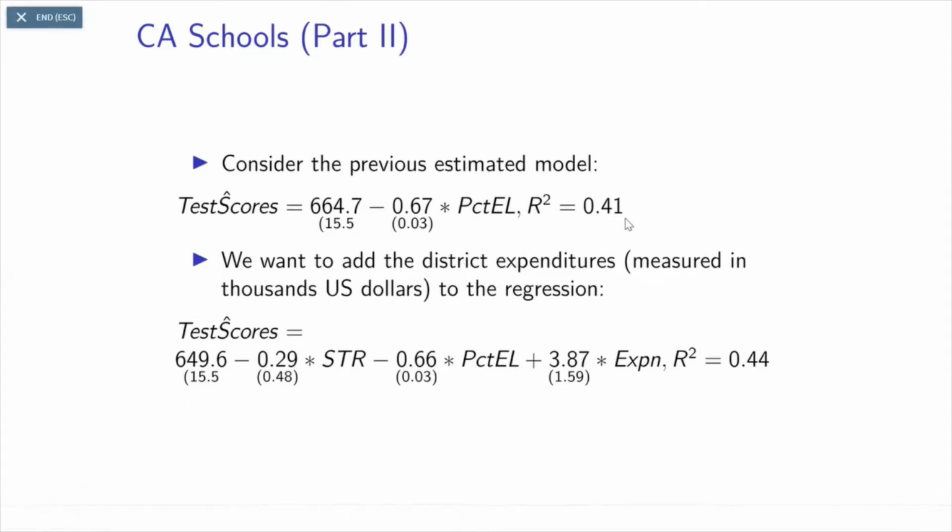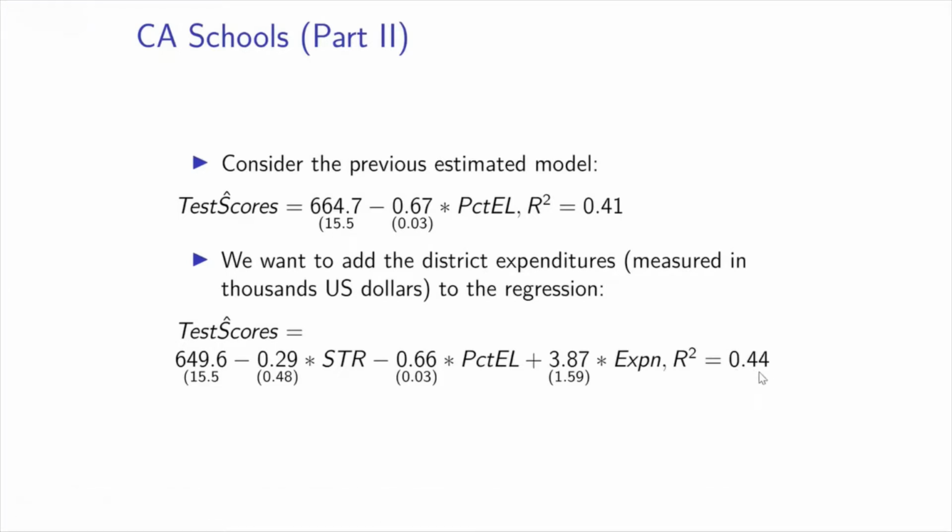In the second model, I regressed test scores on STR, the percentage of English learners, and expenditure. The R-squared is 0.44. Based on the R-squared, the second model appears to have higher explanatory power in explaining the variation of test scores than the first one, but not by much.